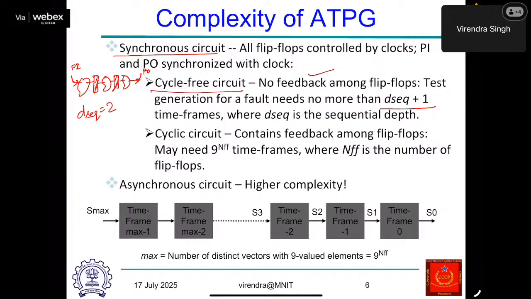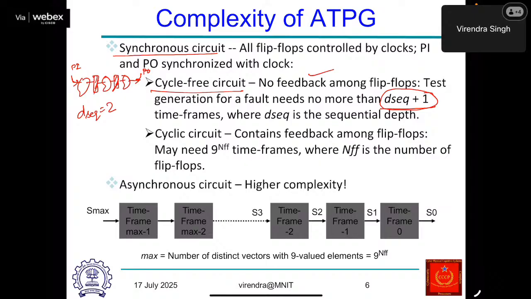So now I know the sequential depth, and based on the sequential depth we can decide how many time frames are needed. This is the worst case, not the best case. You don't need to go beyond this. So if you are not able to generate the test vector by replicating the sequential depth plus 1, that means that fault is not a testable fault.